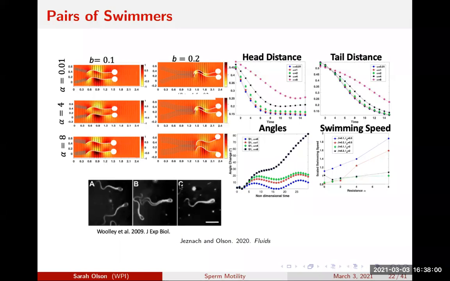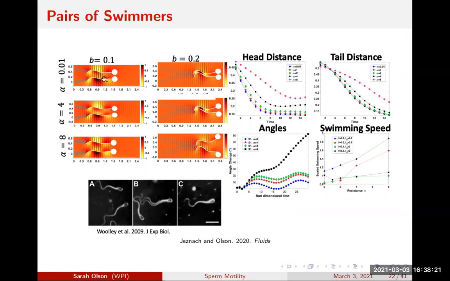And we've done that and started to look at pairs of swimmers, and there are some really interesting dynamics in how things change from Stokes equation to these Brinkman models where you have potentially this volume fraction of these fibers characterized in this alpha parameter.